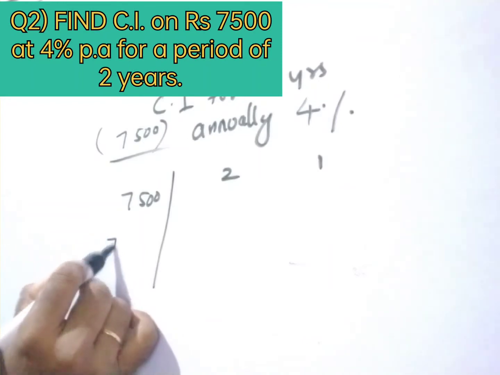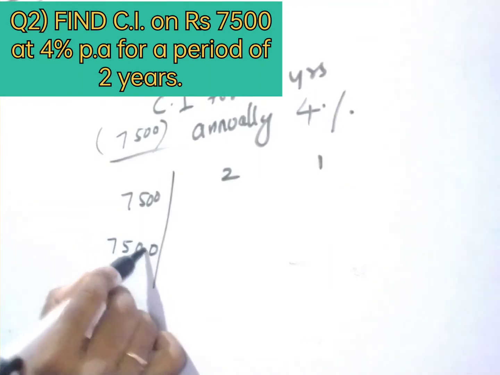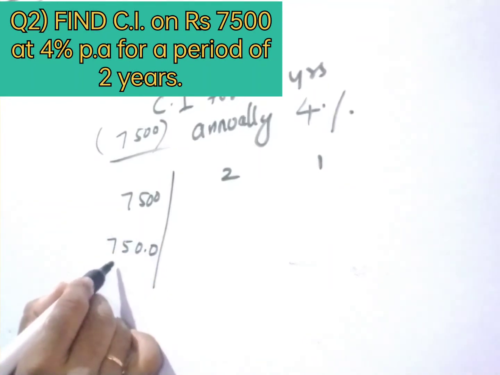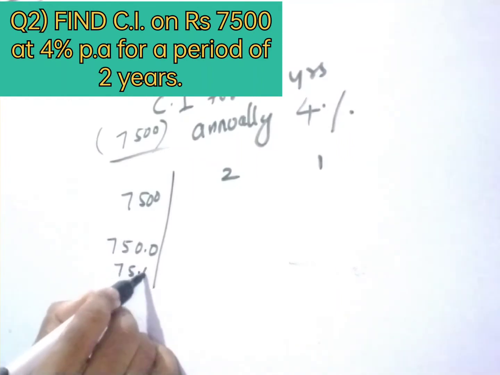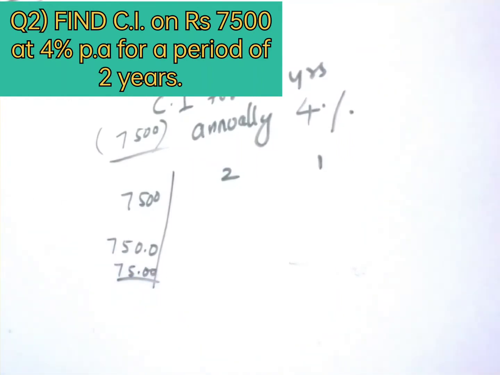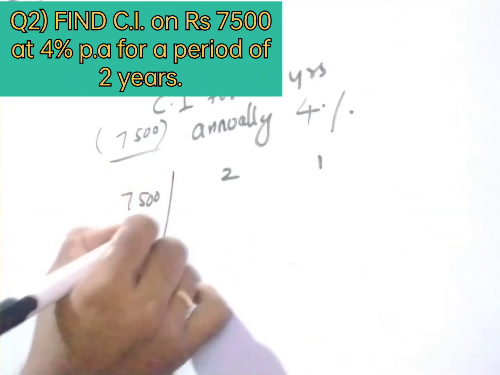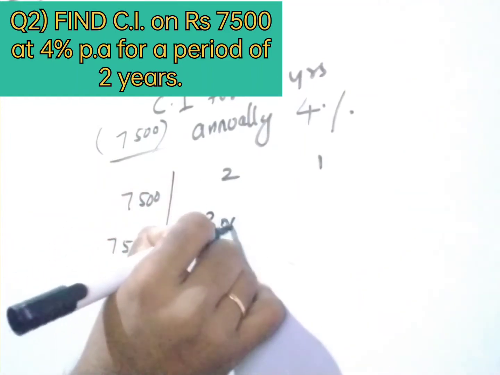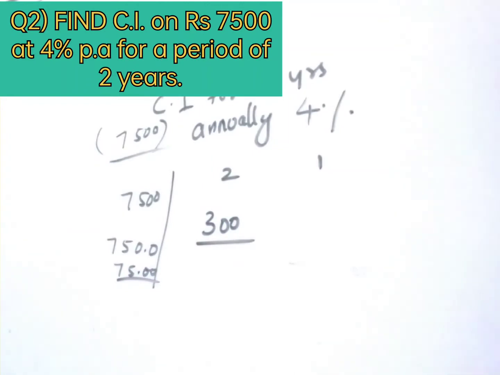For 7,500, 10% is 750. For 7,500, 1% is 75. So we want 4%. So 75 into 4, 300.